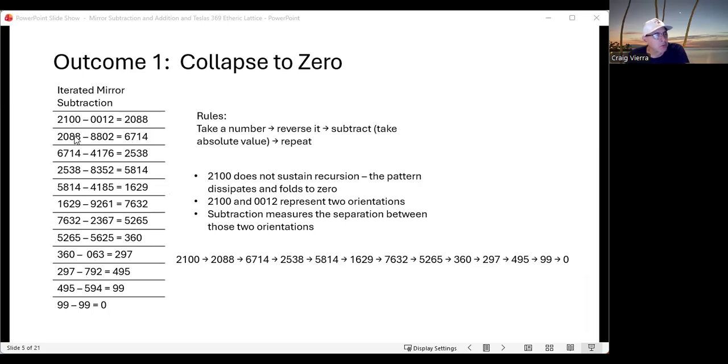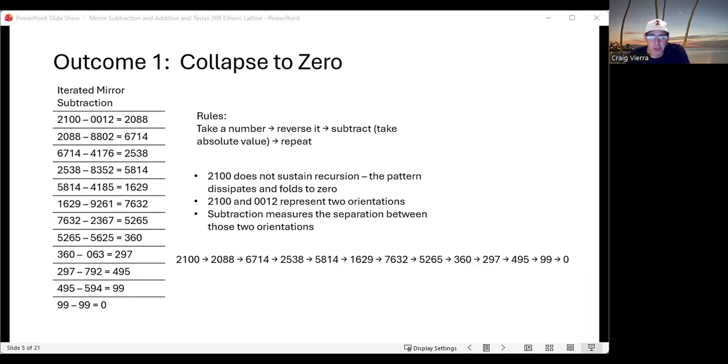And again, just to reemphasize, when you do the primary number here and its reflection, these two numbers are representing two different orientations. You can subtract those two numbers, and so you can get a phase, if you want to think of these as kind of phases, a phase differential between those two specific numbers.